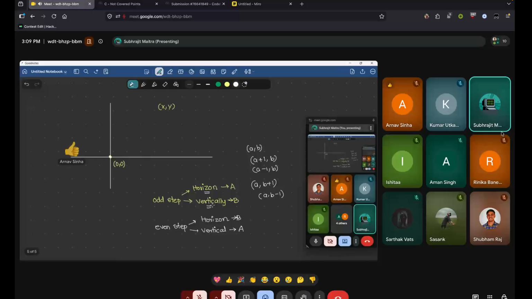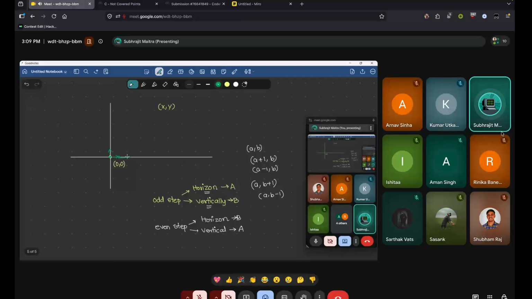Okay. So if the question is clear, you see the first approach that I thought: at every step I have an option. If my step is odd, I will go horizontal and add price A, or go vertical and add price B. If I am at an even step, then again I have two choices.